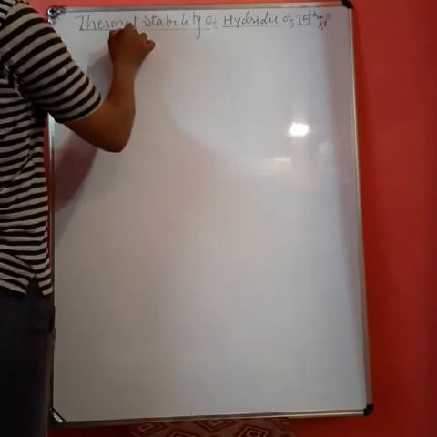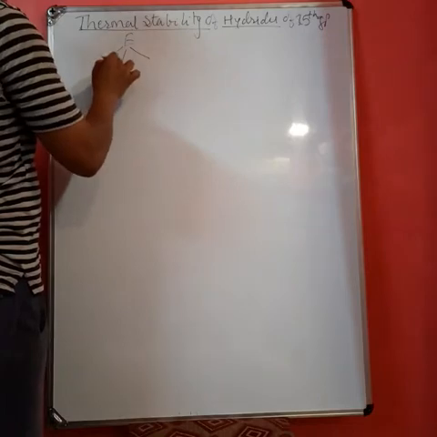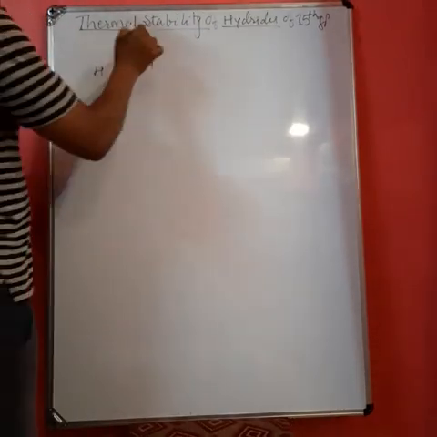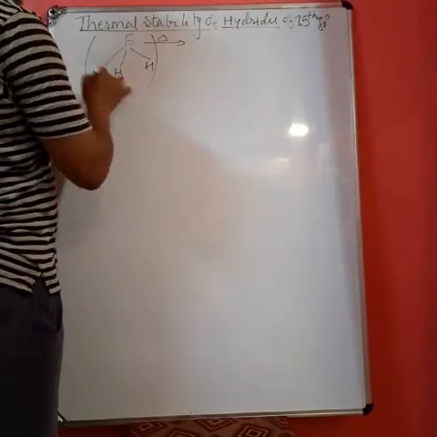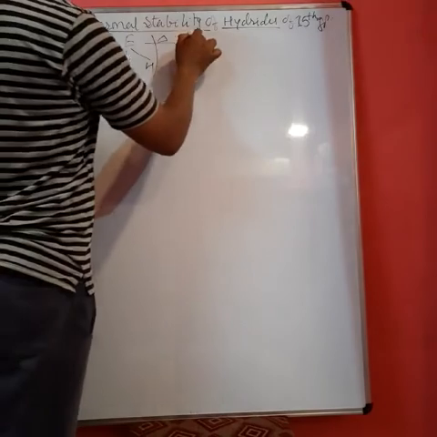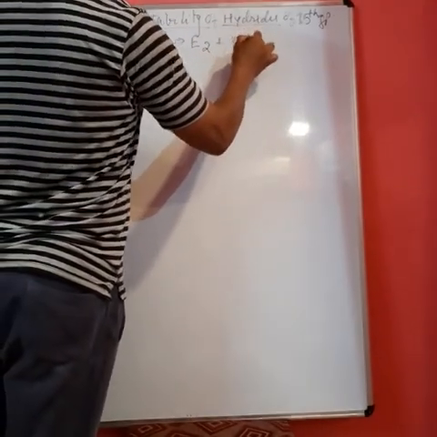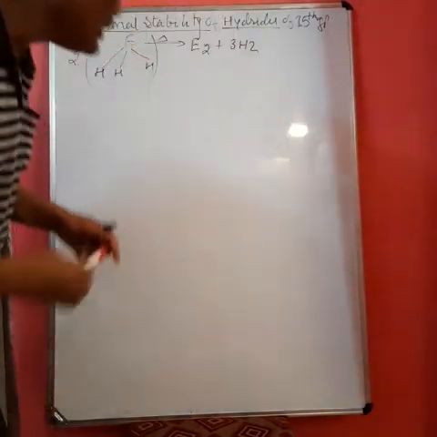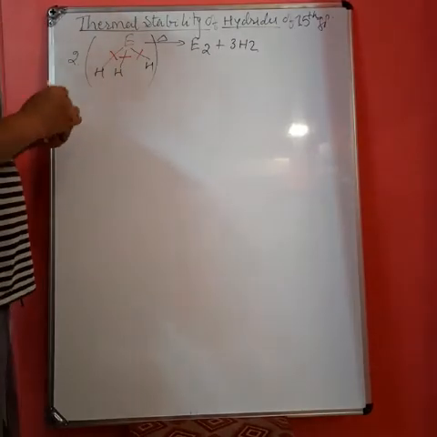Here we can represent a simple hydride as EH3. On heating, if we take two molecules, it will convert into E2 plus 3H2. That is, breaking of the E-H bond takes place.